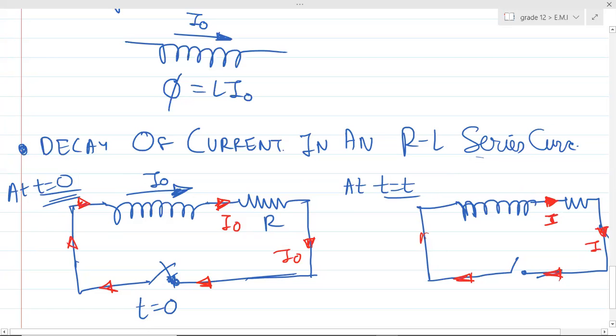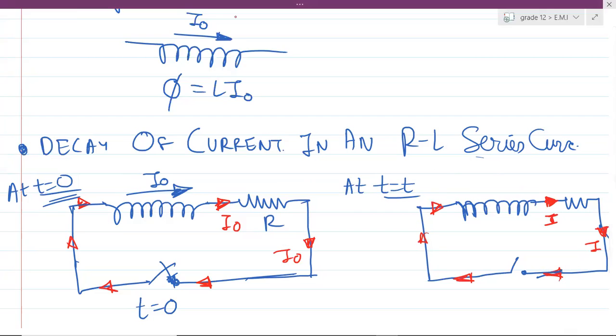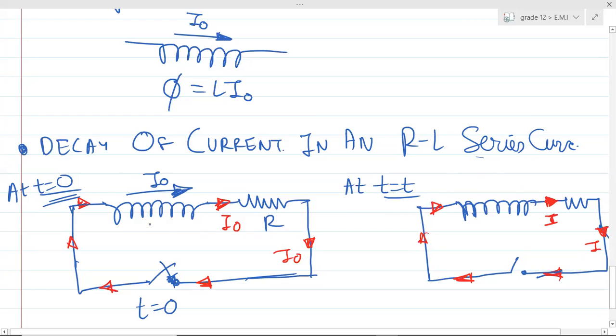I'll close the switch, don't worry. And sir, to maintain the law of conservation of energy, the energy that's dissipated will be released as Joule heating, right? Yes, it is released from the resistor. So is this clear, guys? At any general time, the current becomes I.